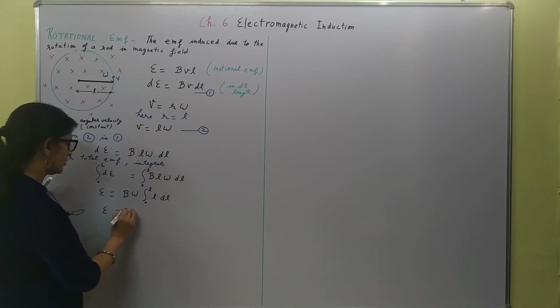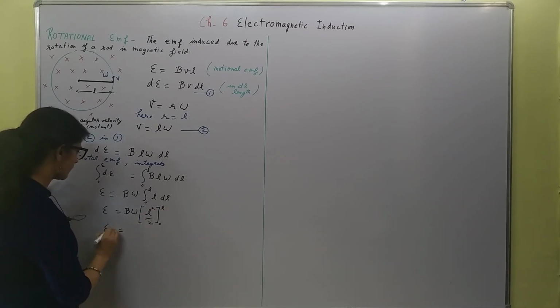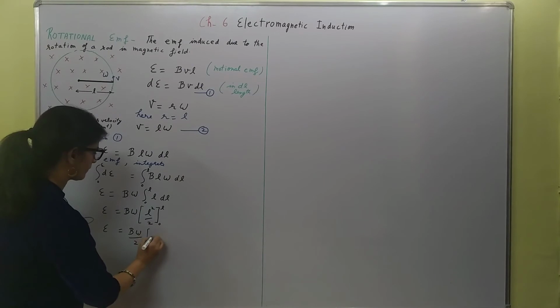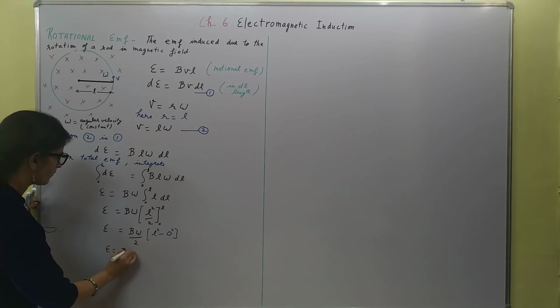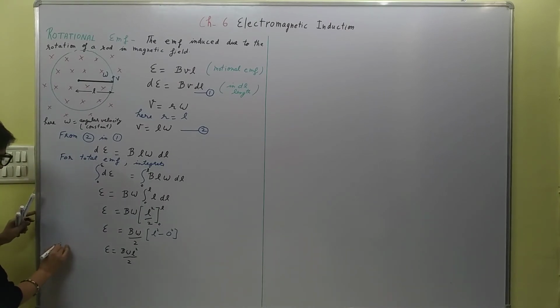So this will be B omega, and L square upon 2 is the integration of L. Putting the limits, upper limit minus 0, this will actually be B omega L square by 2. So this is the first expression for rotational case.